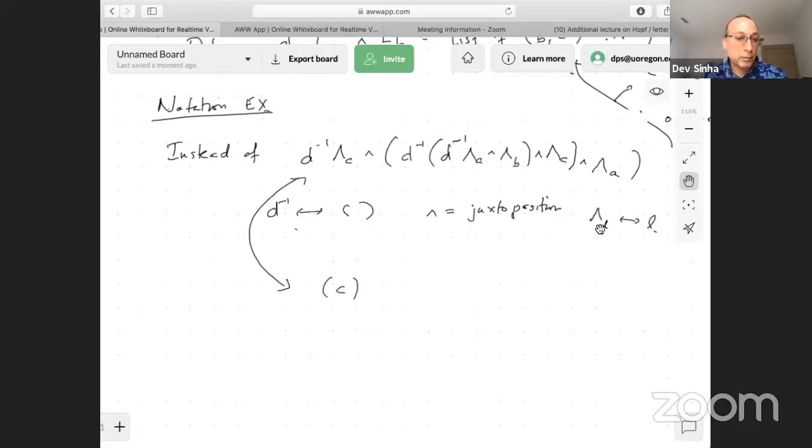So D inverse lambda C becomes parentheses around C, because again, D inverse is parentheses and lambda L just becomes the letter L. And this becomes juxtaposition with, then I've got D inverse of A, B with C, and then I've got intersected with A. And even though there was sort of an order to these D inverses, these wedges, well, wedge is associative, so I really didn't need that second set of parentheses, this set here.